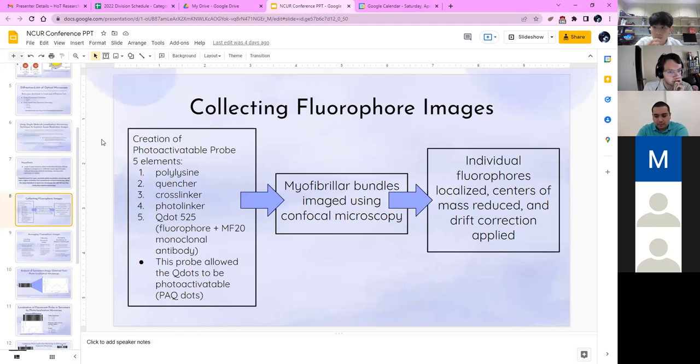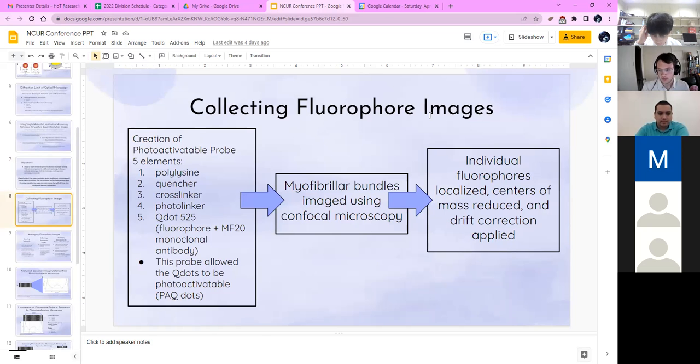So before collecting the fluorophore images, I created the photoactivatable probe, which utilized 5 elements: polylysine, the quencher, crosslinker, photolinker, and quantum dot, which consists of the quantum dot, a fluorescent molecule, and an MF20 monoclonal antibody.